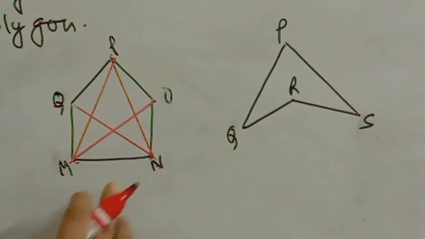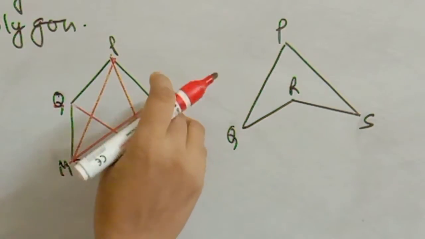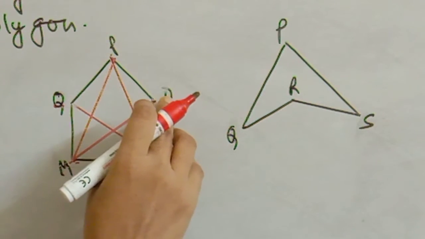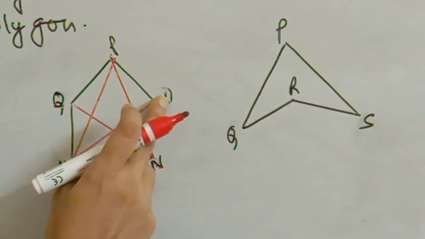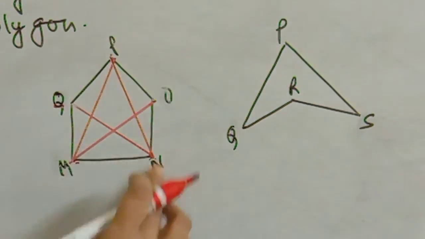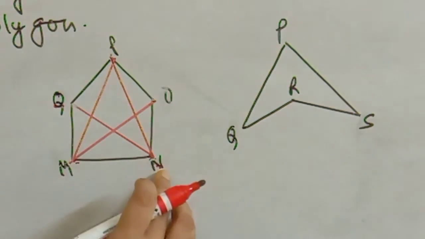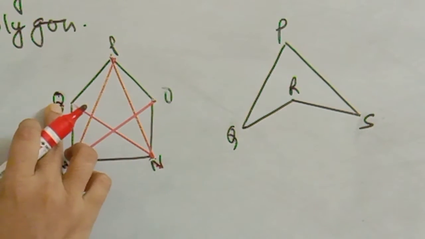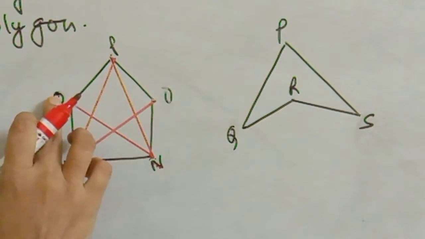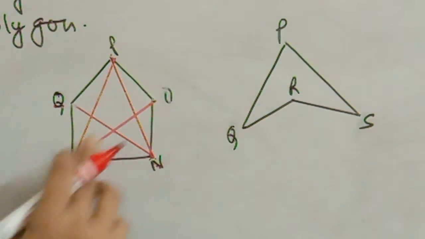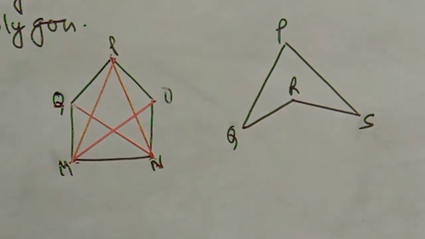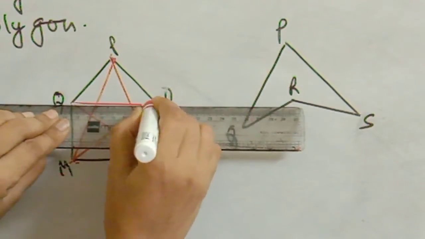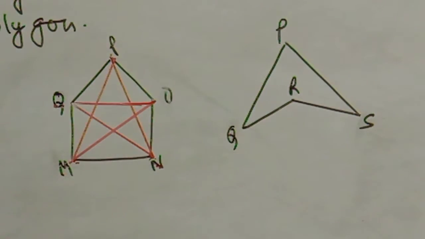Now from O, which is the non-consecutive vertex? See, P and N are the consecutive vertices, we will not consider them. Q is one vertex which is non-consecutive, and another one is M, which we have already drawn. So only one diagonal is left, OQ.